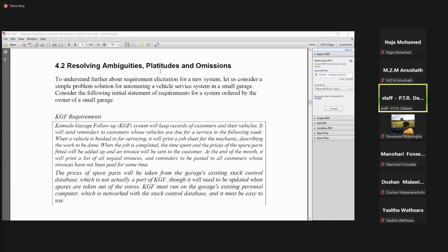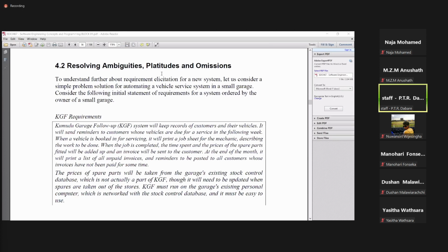When a vehicle is booked in for servicing, it will print a job sheet for the mechanic describing the work to be done. When the job is completed, the time spent and the prices of the spare parts fitted will be added up and an invoice will be sent to the customer. At the end of the month, it will print a list of unpaid invoices and reminders to be posted to all customers whose invoices have not been paid for some time.